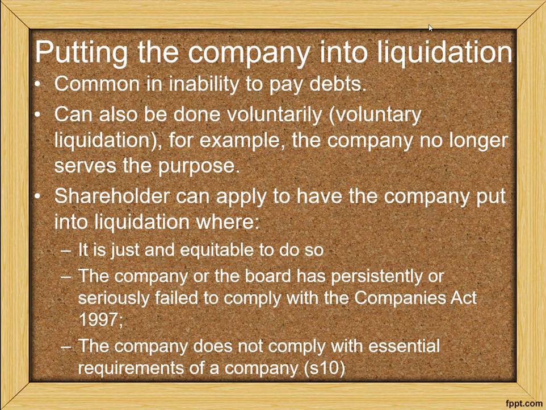The company shall have a name, one or more shares, one or more shareholders having limited or unlimited liability for the obligations of the company, and one or more directors. If the company doesn't comply with even just one of these essential requirements, the company can be put into liquidation.